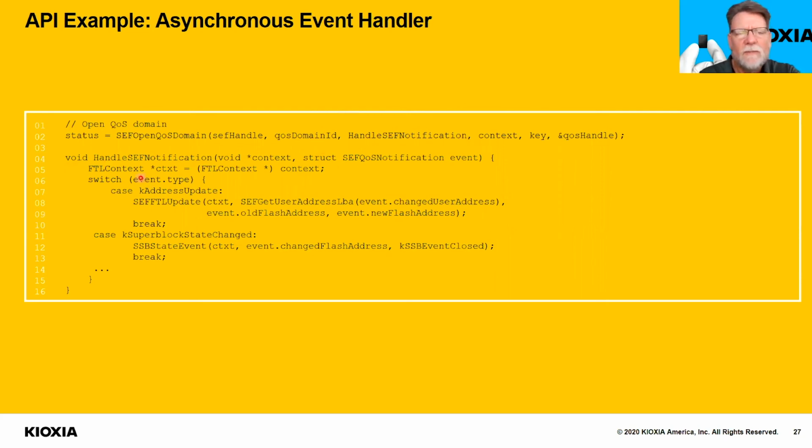And this is typically implemented as just a giant switch statement handling the different types of notifications that can come from the event. There are several different types of asynchronous events that the device can issue. Address update notifications in the case of data that's been moved on the device. Block state change events for super blocks that have been closed or filled, as well as capacity related events.